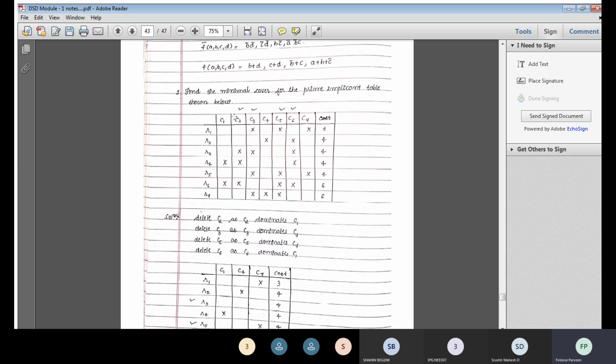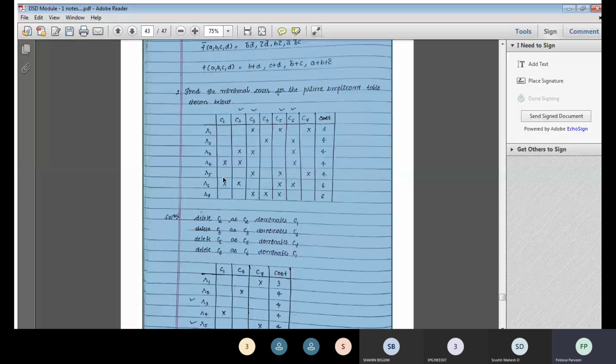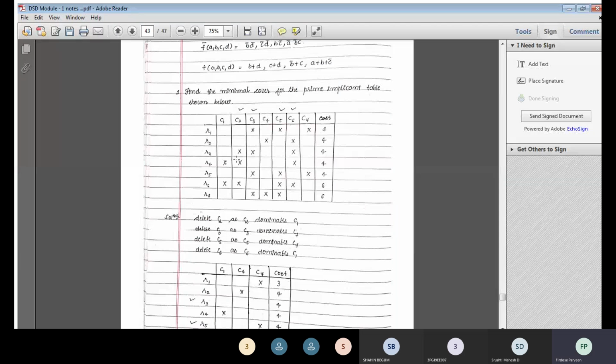Compare C2 and C1. If C2 is dominating C1, you can delete. Dominating in the sense that the cross marks C1 has, C2 should also have, but more. Which one has more cross marks? C2 has, and it is at the same positions C1 has. So C2 is dominating C1, so delete C2.